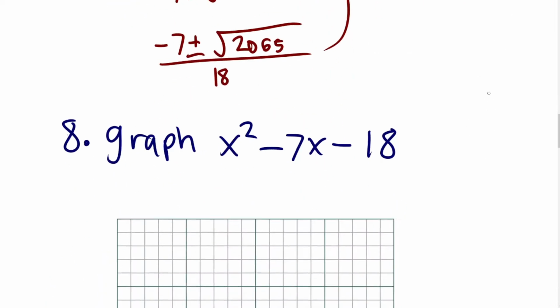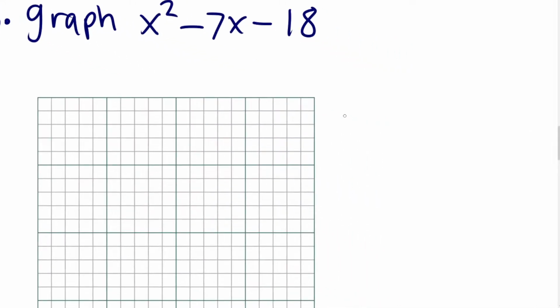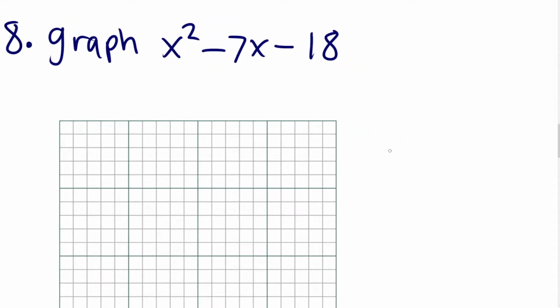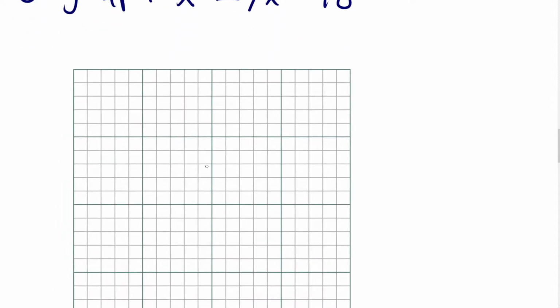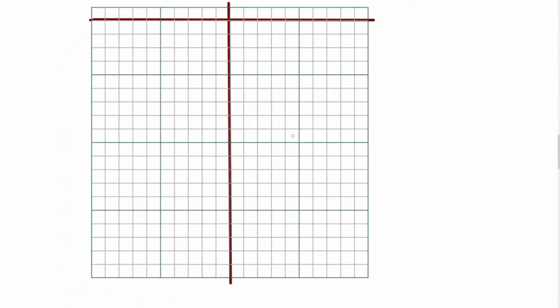So now this one is telling us to graph x squared minus 7x minus 18. And there are some important things to know when you are graphing quadratic equations. Whether the leading coefficient is positive or negative determines whether the graph is facing up or down. And I'm going to say that this is our axis because we have to deal with a negative 18, which is going to get big.